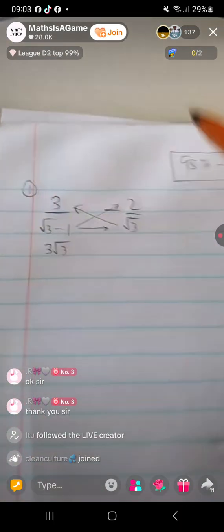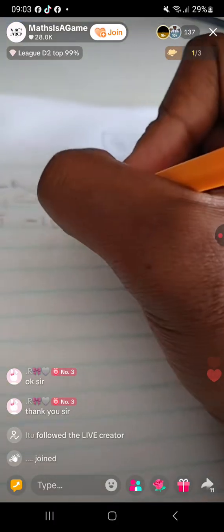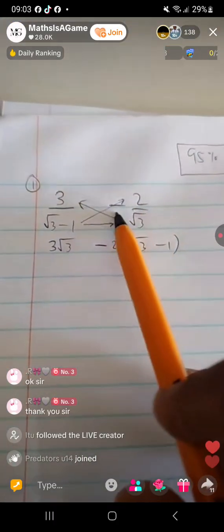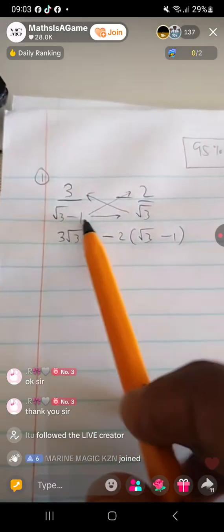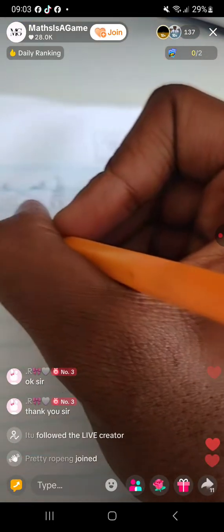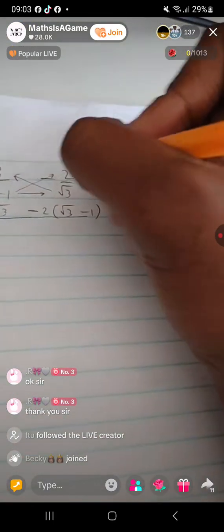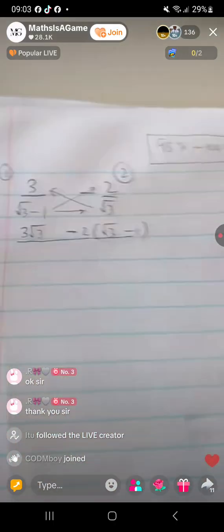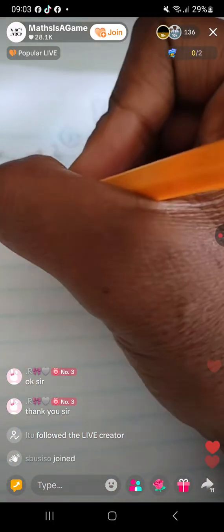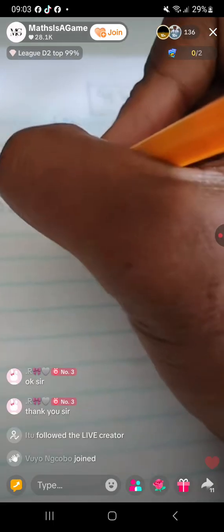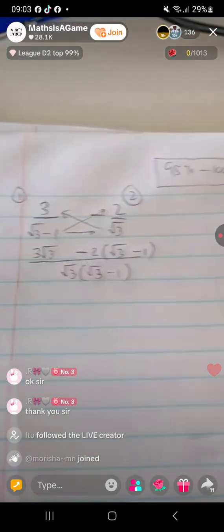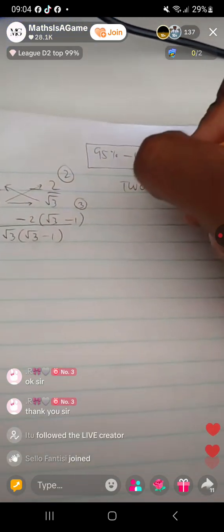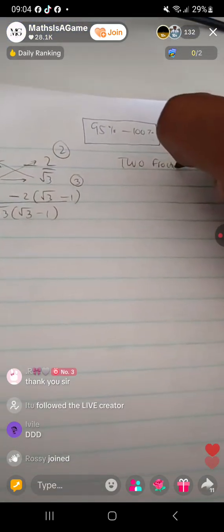Then here, you multiply -2 with root 3 minus 1. That's step number 2. Then step number 3, you multiply the denominators. So this is what they call the butterfly method. For 2 fractions that you have to add or subtract, you can do that.